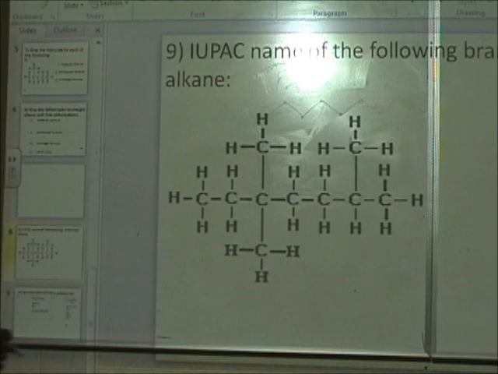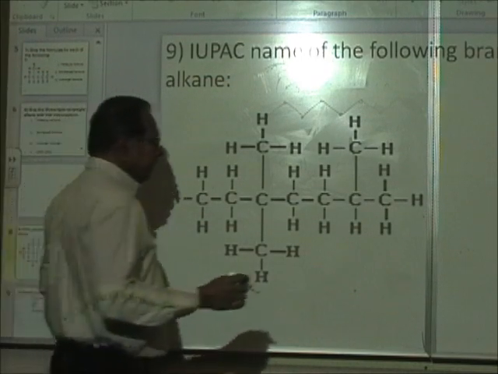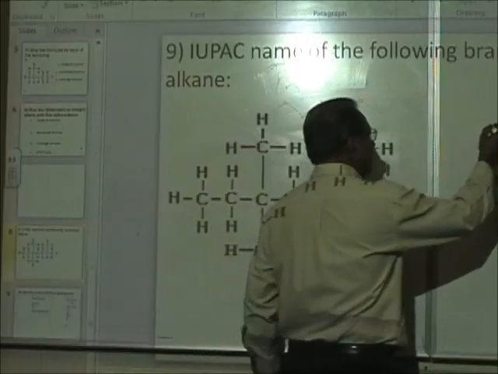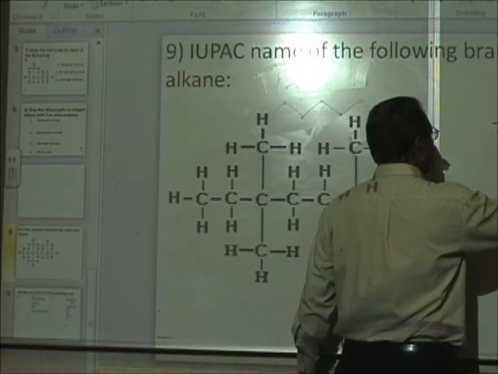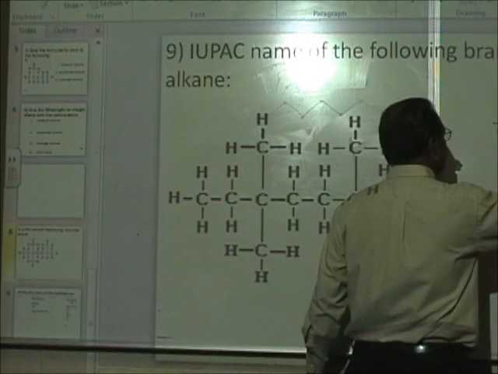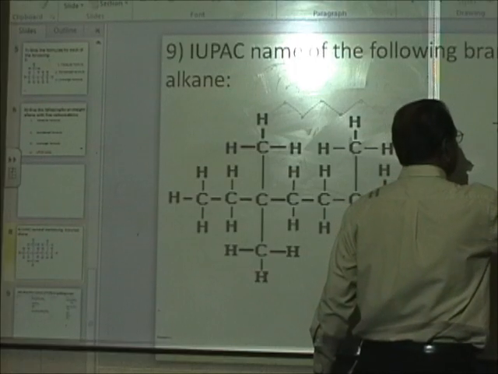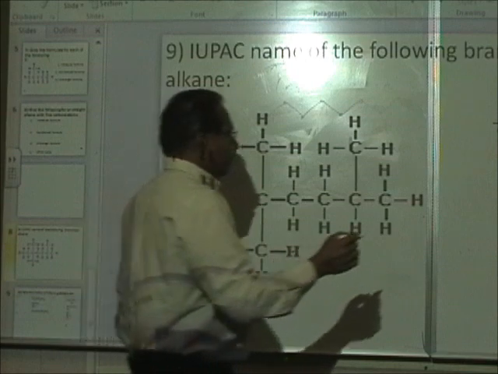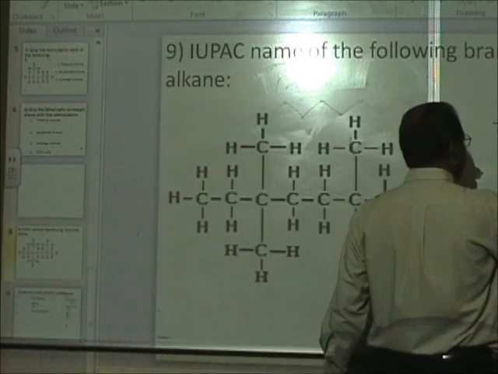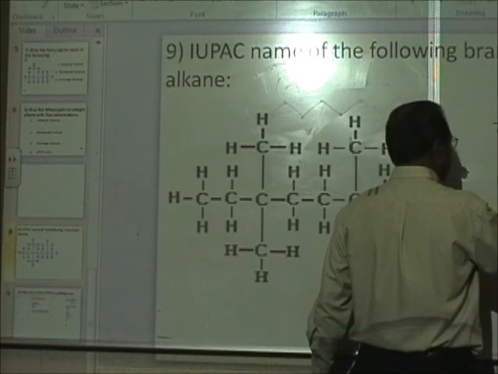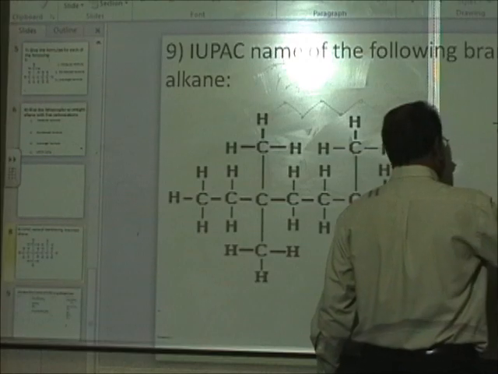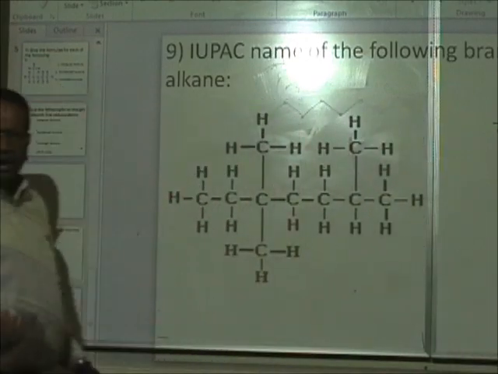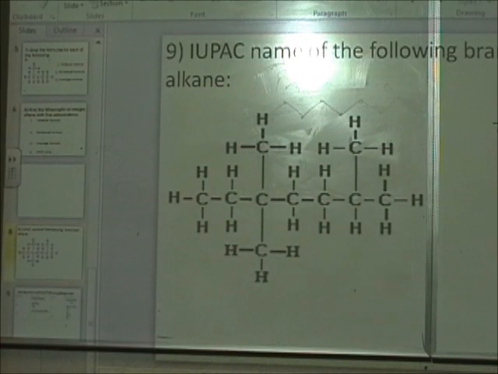Now 7 is the largest continuous chain. We call that chain the parent chain. Parent means it's the one that everything is based on.